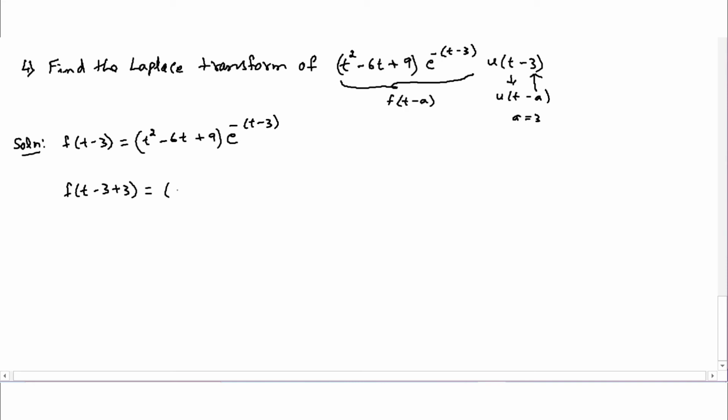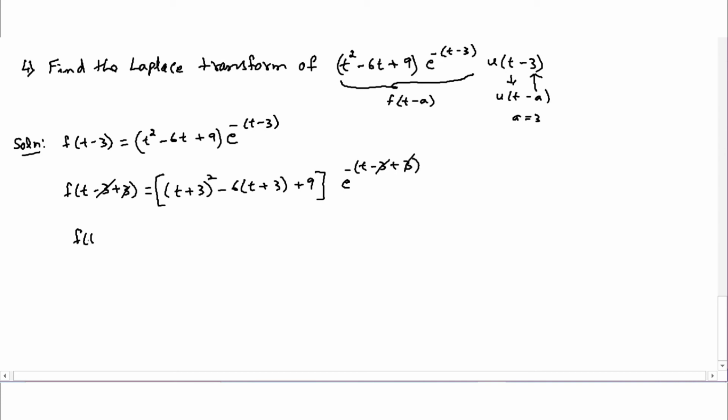So here also wherever t is there, I'll just put t plus 3. So it becomes t plus 3 whole square minus 6 times t plus 3 plus 9 times e power of minus t minus 3 plus 3. So now you can just try to simplify. This minus 3 and plus 3 will cancel out. Here also this minus 3 and plus 3 will cancel out.